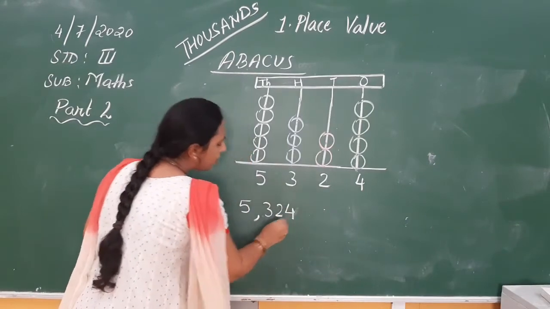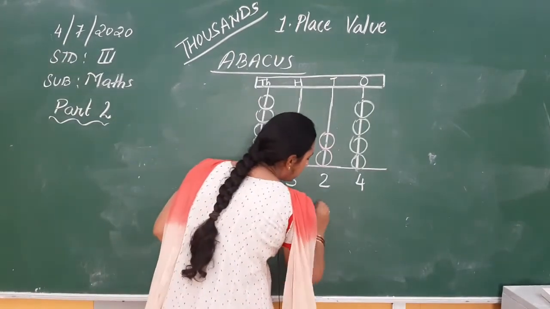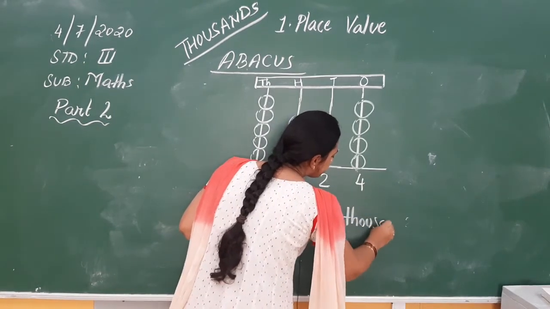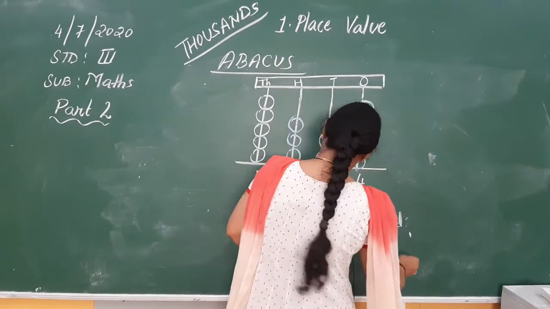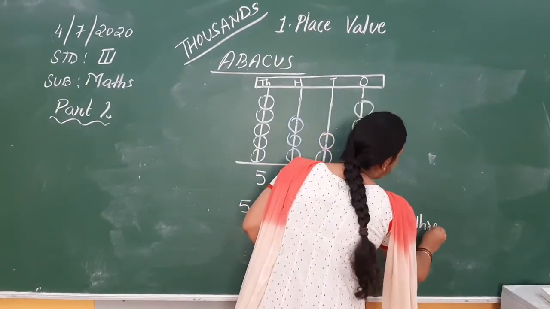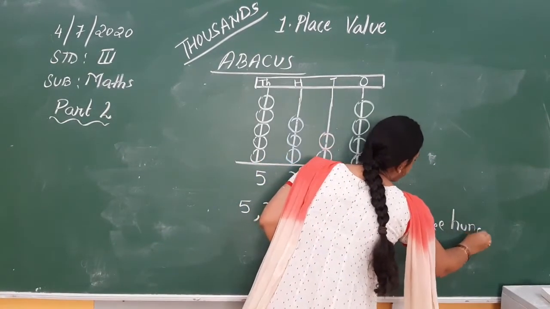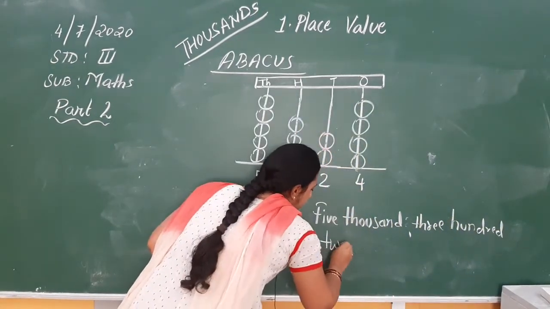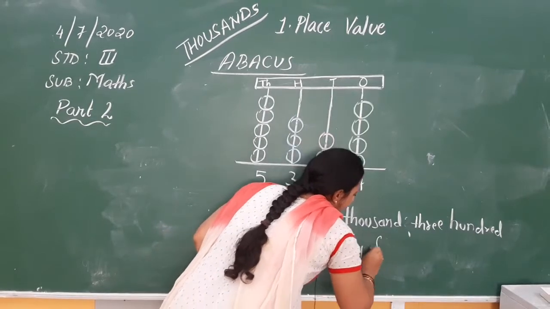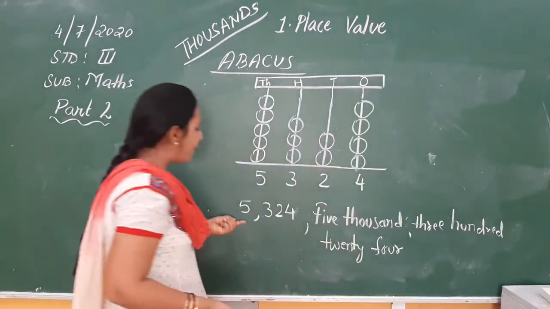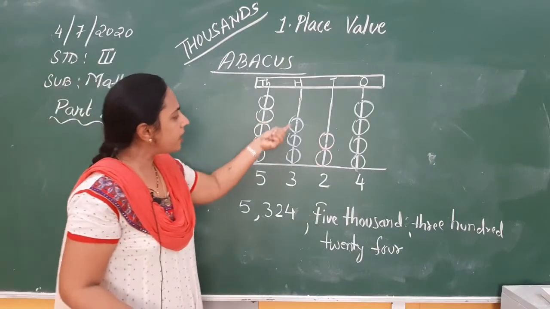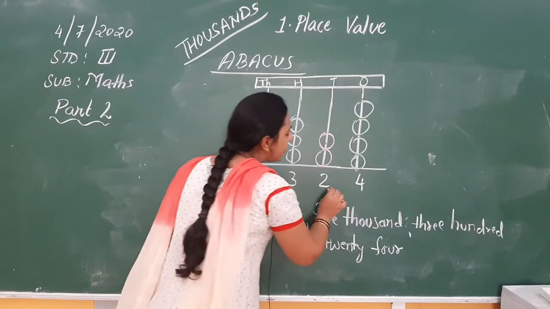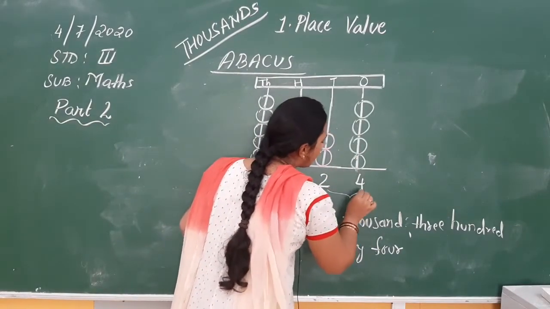Now how can we put this number? 5,320 plus 4, 24. How can we write in words? 5,300 24. We will always read this as one number, right?